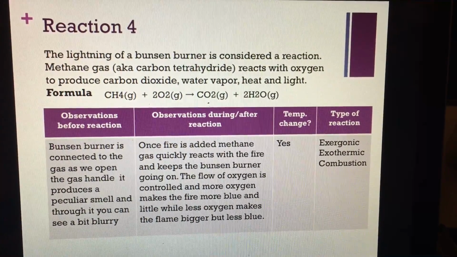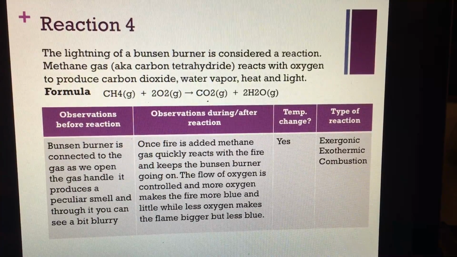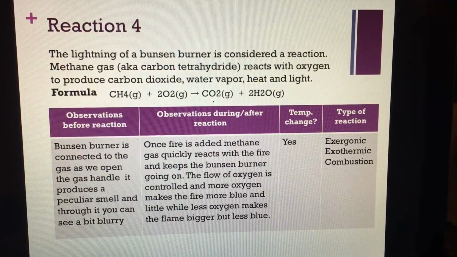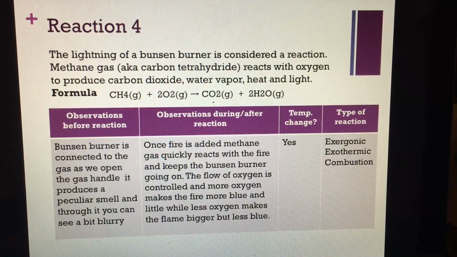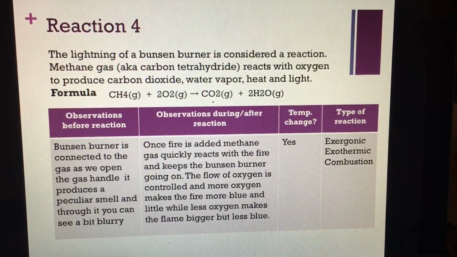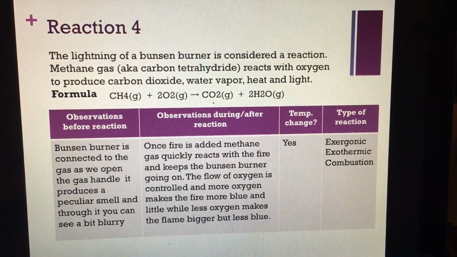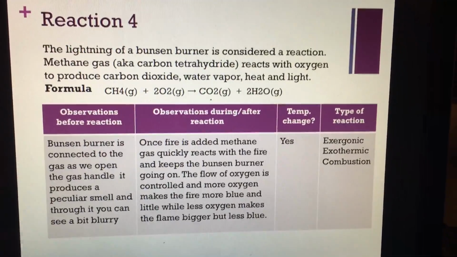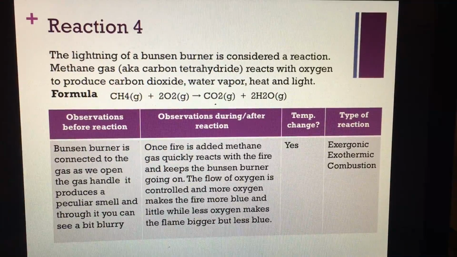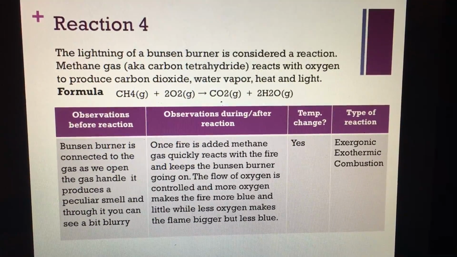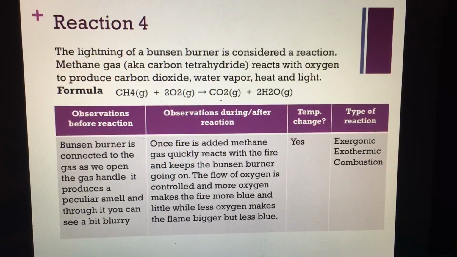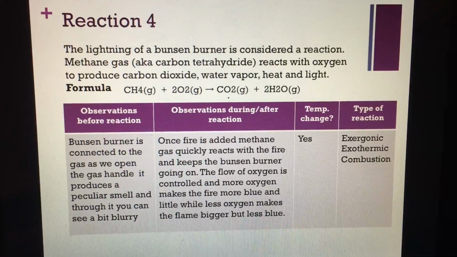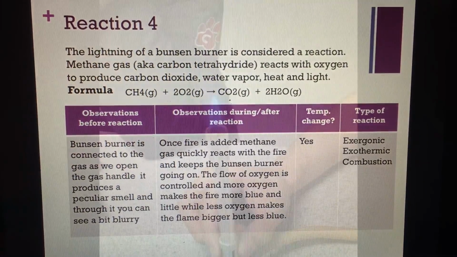The flow of oxygen is controlled, and more oxygen makes the fire more blue and little, while less oxygen makes the flame bigger but less blue. This is an exergonic and exothermic reaction because it produces heat, and it is a combustion because it produces H2O and carbon dioxide.